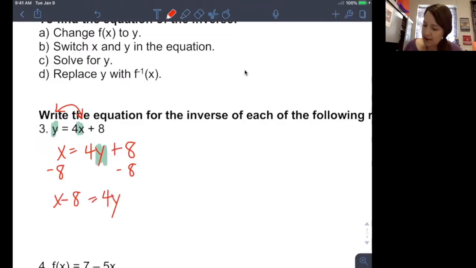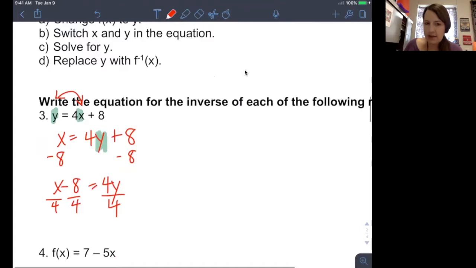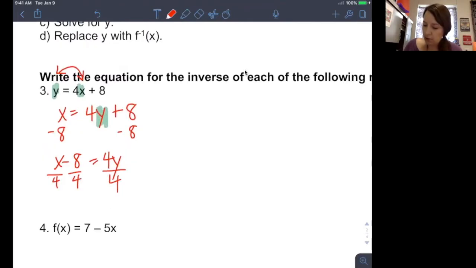Then to get the y by itself, we're going to divide each of our terms on the left by 4. So we get x over 4, which is also 1/4 x, and then 8 divided by 4 gives us a minus 2, and that's equal to y. So we now have y by itself because the 4 divided by 4 cancels out.